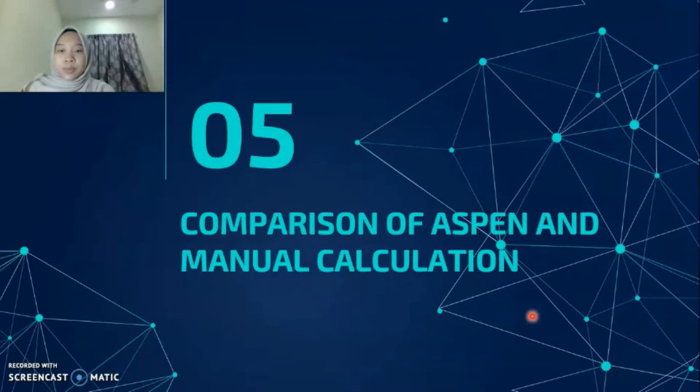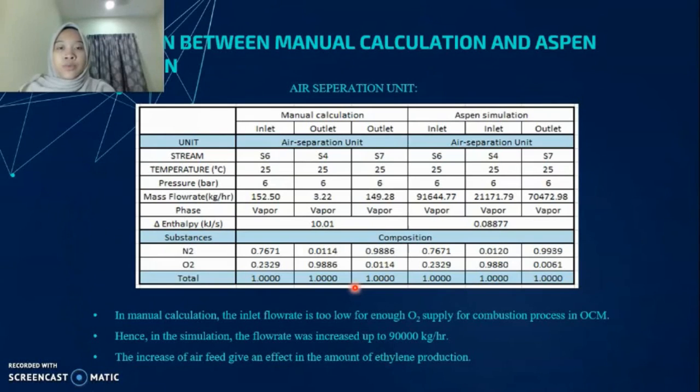Next is the comparison between Aspen and manual calculation. For this part, I'll only explain several parts that have a significant effect on the overall process in this plant. The first unit is the aspiration unit, where a huge difference was made.